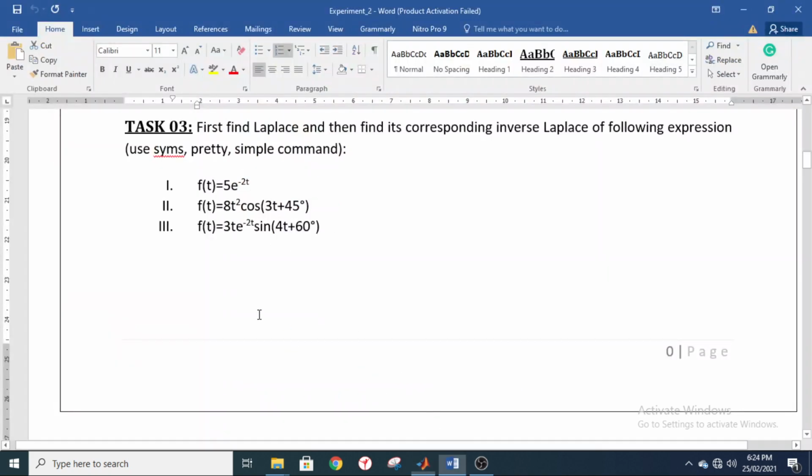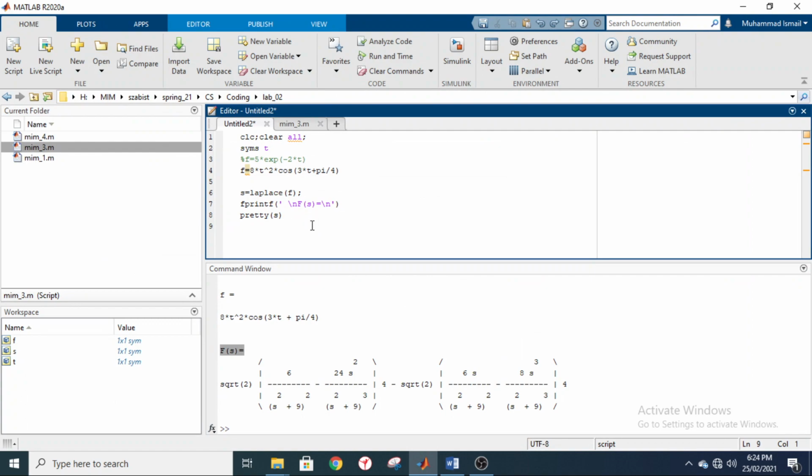Okay, one more thing, you have to find Laplace, and after finding Laplace you can find its corresponding inverse of Laplace. And how can we do that? We can do that like this: the command is ilaplace. Okay, you have the command ilaplace. So let's say I will use y as a variable, and ilaplace means that you have something in S domain.